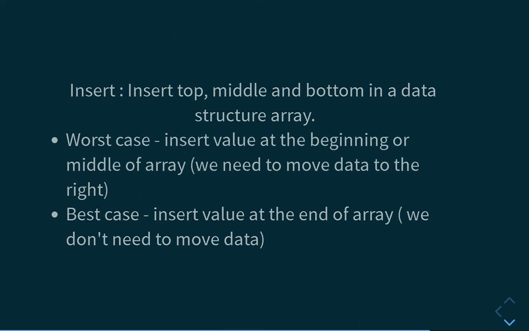All right, the insertions. The worst case scenario is basically inserting at the start of the array, because we have to shift all the data to the right before we insert that value at the start of the array, and that will take a lot of steps. And the best case scenario is that we insert the data at the end of the array. We don't have to shift anything, we just insert it, right?